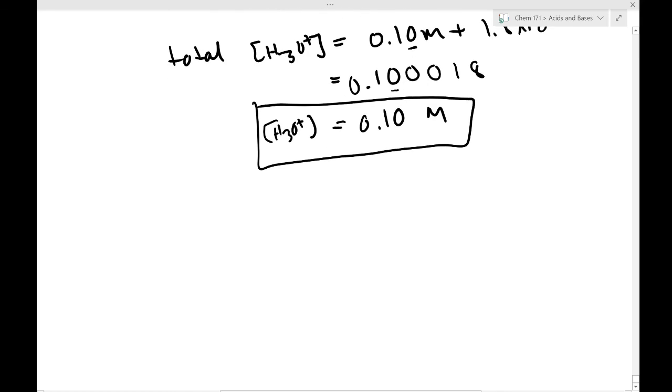In the case of a strong acid and a weak acid, you can basically always assume that the strong acid is going to completely dominate the weak acid.